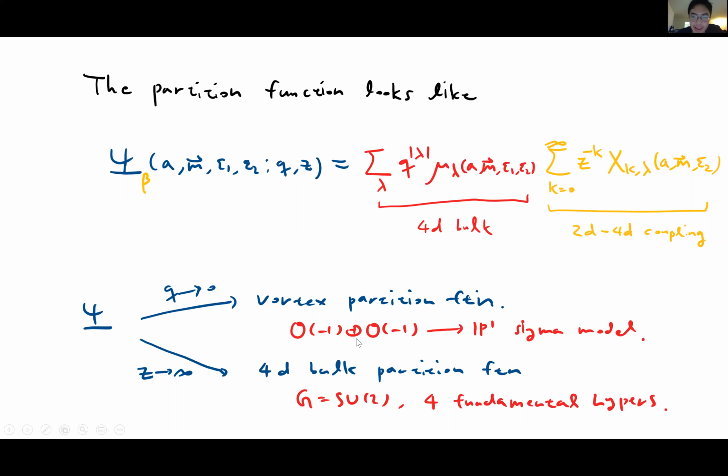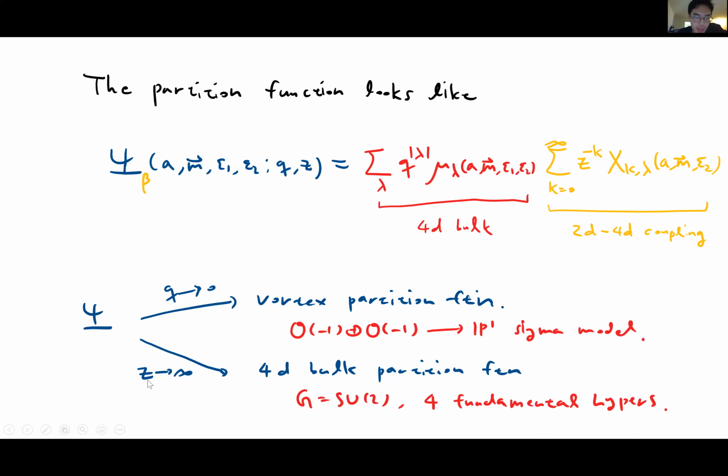And for the case at hand, it's actually the vortex partition function for the sigma model, with the target being this local Calabi-Yau, O(-1) plus O(-1) over P1. This vortex partition function is actually a hypergeometric function. So in other words, this is purely a 2D partition function.